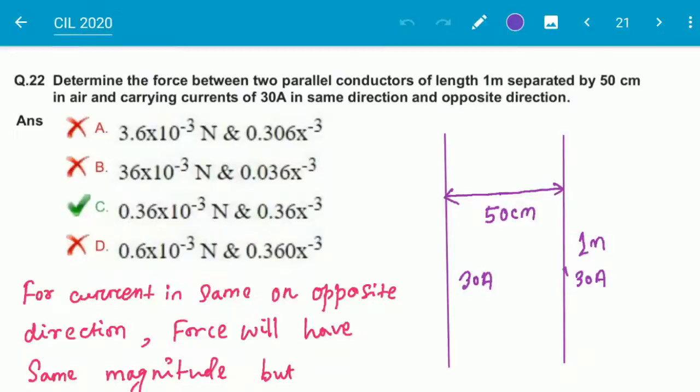In this question we can choose the option without calculating, because the force between two current carrying conductors is always the same in magnitude whether the current is flowing in the same direction or in the opposite direction.